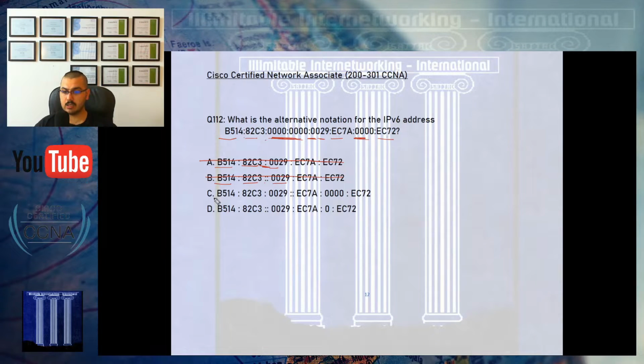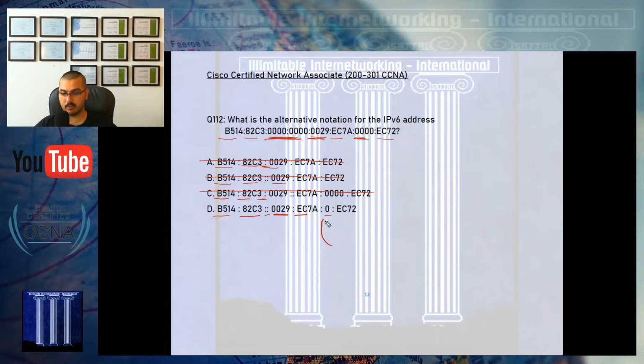C has the same beginning and no double colon for removing these, so you are definitely incorrect. And D is our last hope. B514 8 2C3 double colon for these two, and then this one over here, EC7A a 0, which will be extended to 4 zeros.